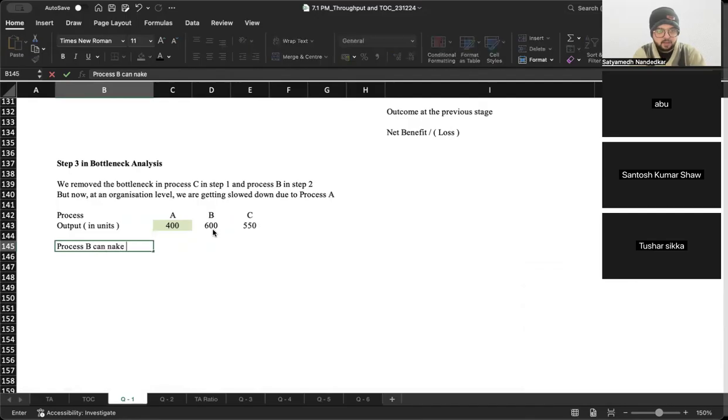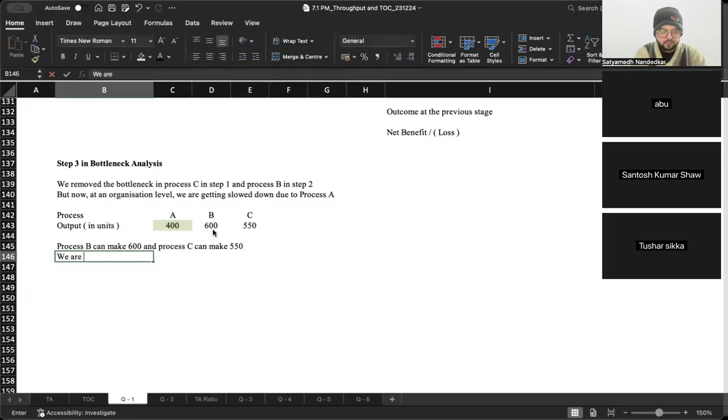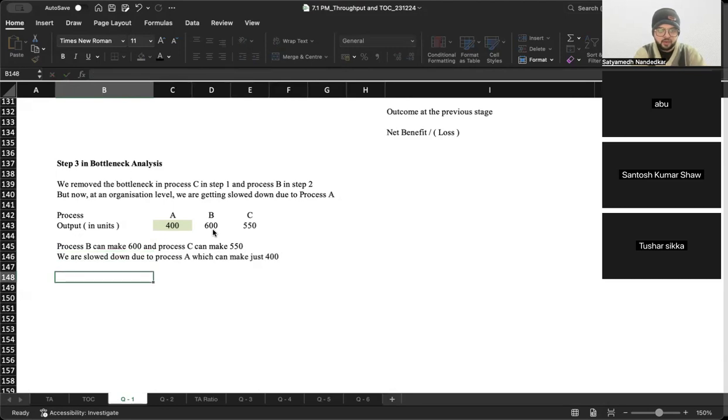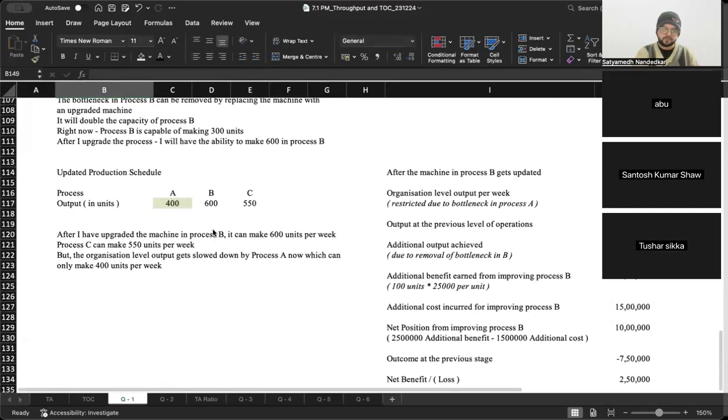Process B can make 600 and process C can make 550. We are slowed down due to process A, which can make just 400. So now we should work towards removing the bottleneck in process A.